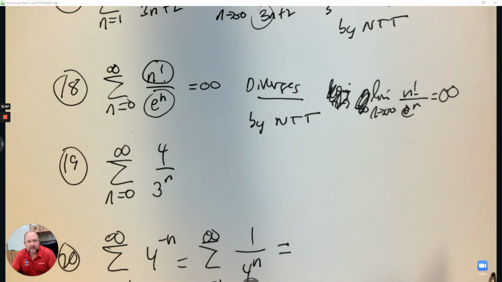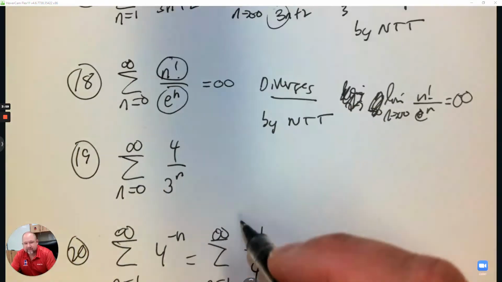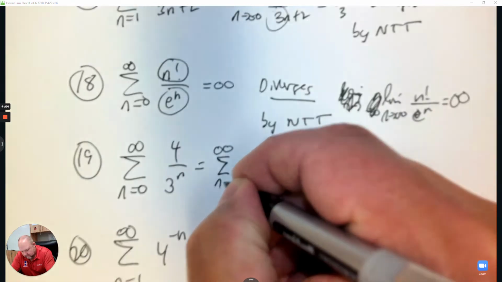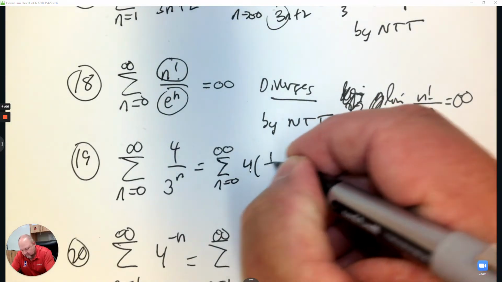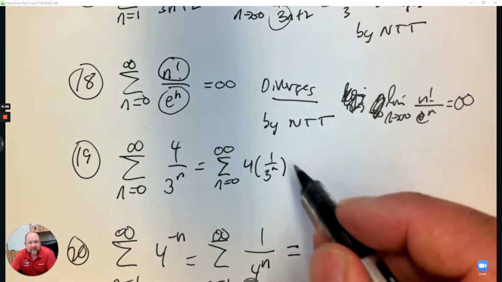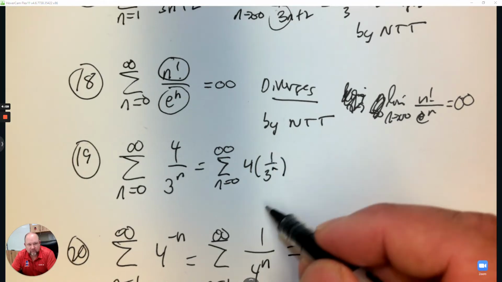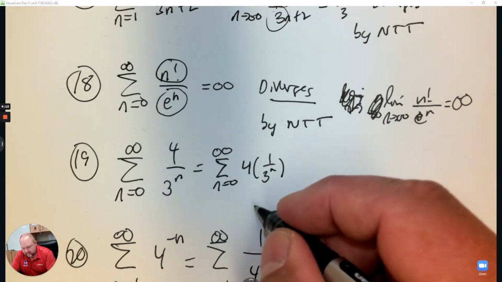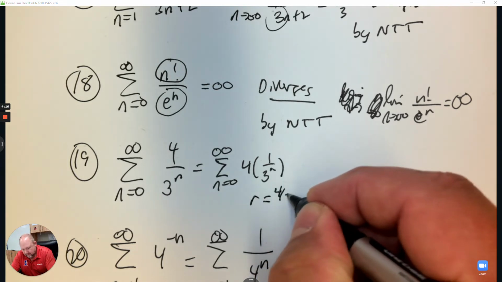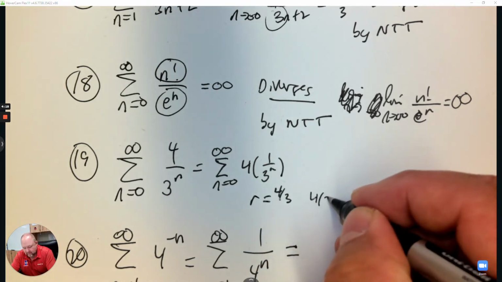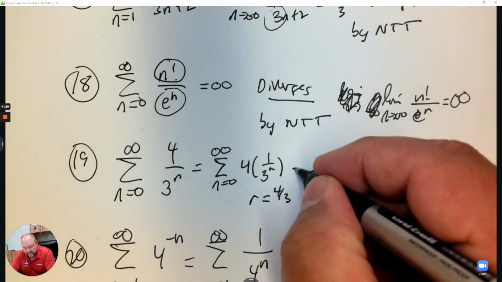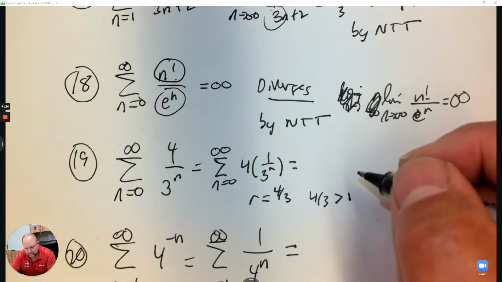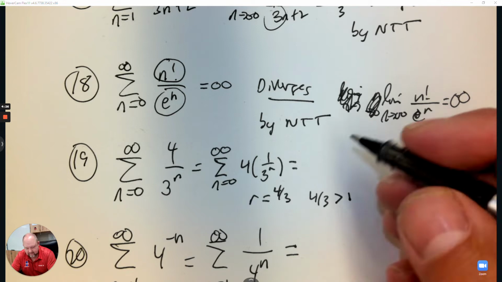Boom. All right. How about this one? I want you to think of this as 4 times 1/3 to the n. Then as I plug in 1, plug in 2, plug in 3, what you're multiplying by is 4/3. And if r equals 4/3, then 4/3 is bigger than 1, so this diverges. Oh, sorry, say that again.